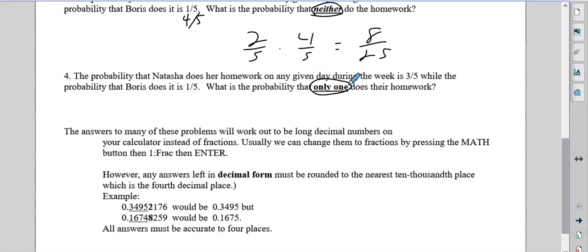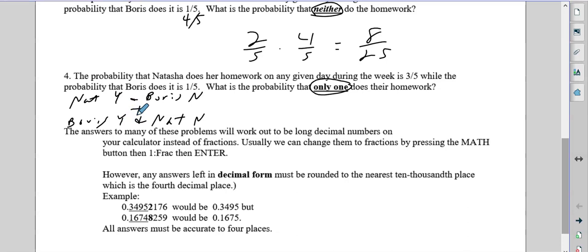Only one means Nat was a yes and Boris was a no, or Boris was a yes and Nat was a no. What we have to do is look at these two different situations and then add them together.